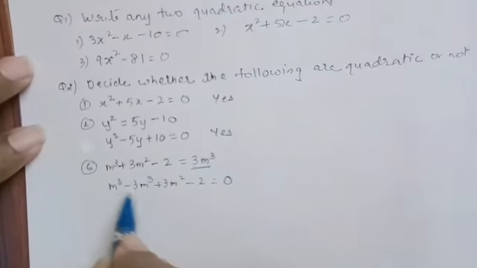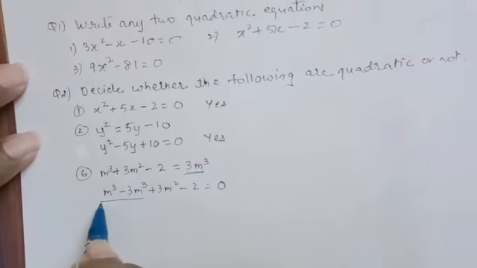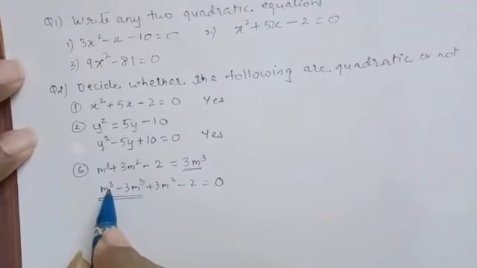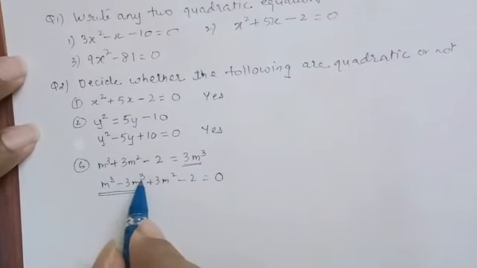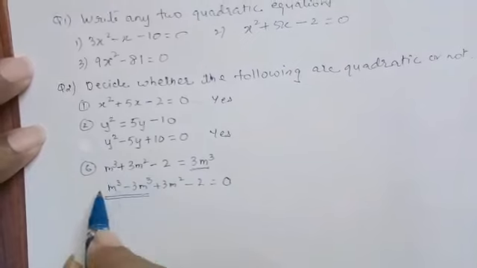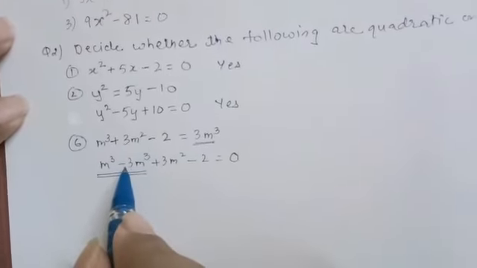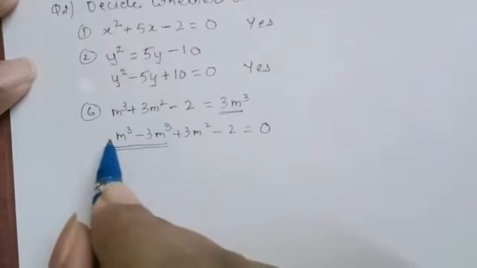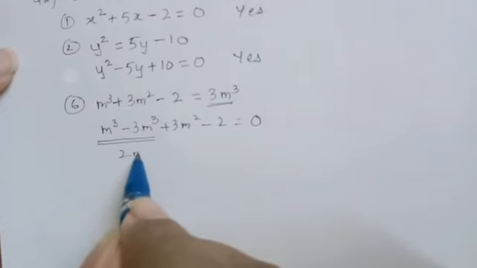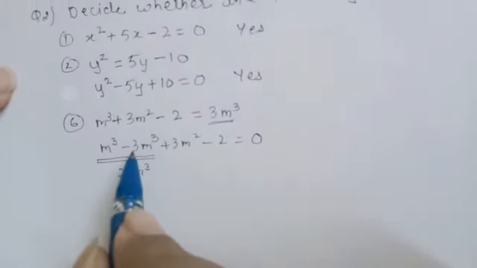Now if we solve these two terms, the highest power is 3, m raised to 3. If we subtract, 3 minus 1 is 2m cube, and we put the sign of the bigger number.